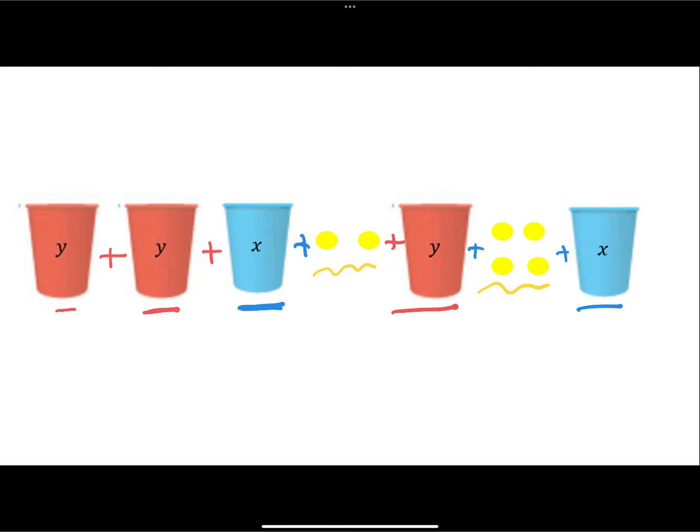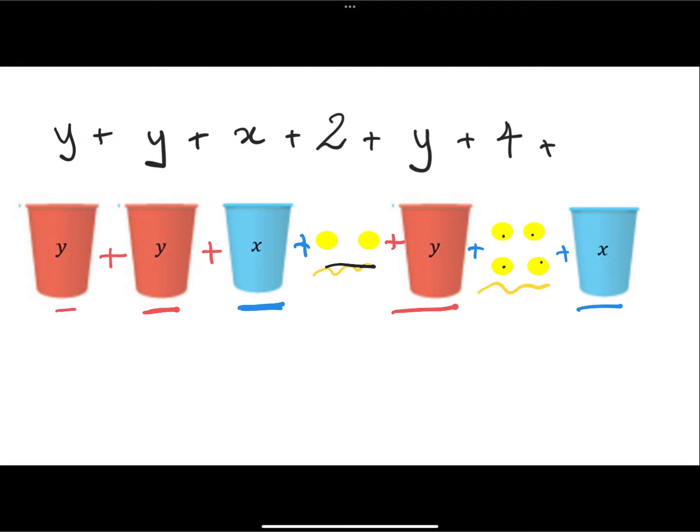So let's rewrite this one where I'm just going to write out exactly what I see. I'm going to write it in black up the top. So I have y plus x plus, now this one here has 2 dots, so it's a 2, plus y plus, I've got 1, 2, 3, 4 dots this time, plus my last one is an x.